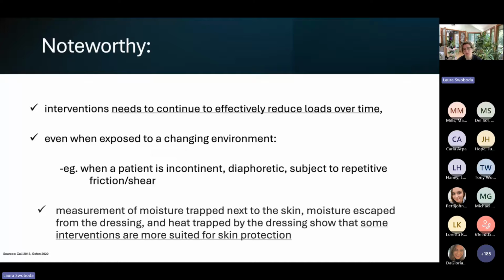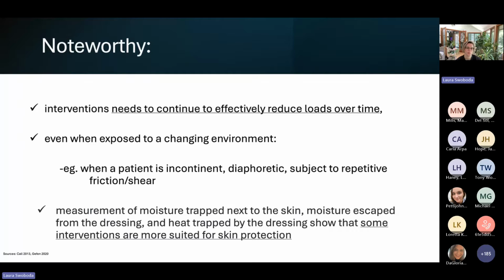We usually do it every shift, or we have to do it daily in other environments. Or whatever the patient's risk may be, we increase that frequency because their status is changing. And so our preventative treatments, our treatments to prevent the worsening of pressure injuries, need to be dynamic and to continue to work in a changing environment.